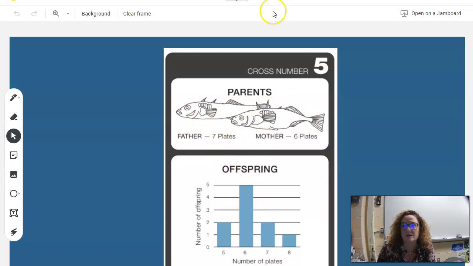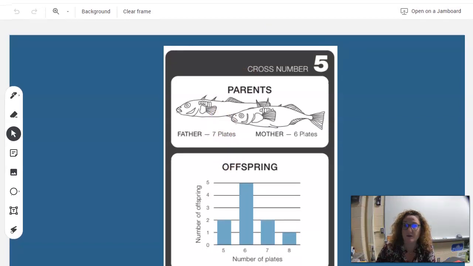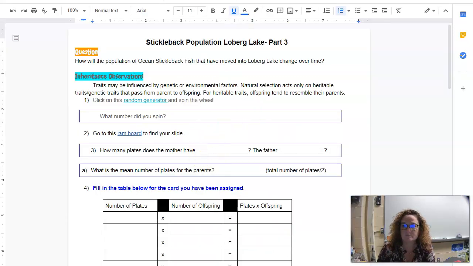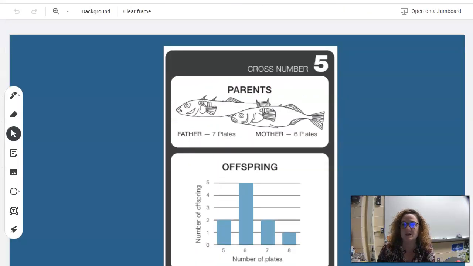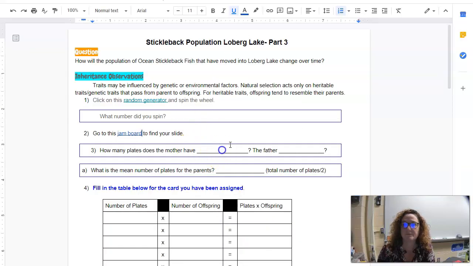I'm going to interpret and look at this information. I've got the information about the mother and the father, and that goes into my document right here. My mother has 6 and my father has 7, so I would put 6 and then 7. The mean plates for the parents would be 13 divided by 2, so 6.5.